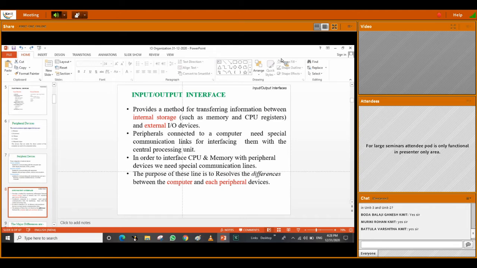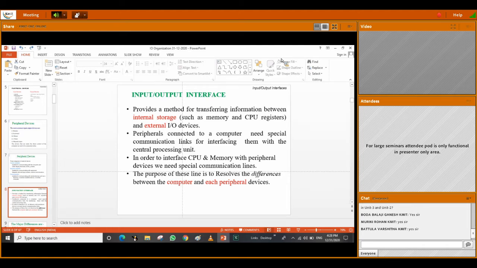Internal storage is what we store in the computer, that is, memory and CPU registers. Coming to external devices, the peripheral devices. Peripherals connected to a computer need a special communication link for interfacing them with the central processing unit.